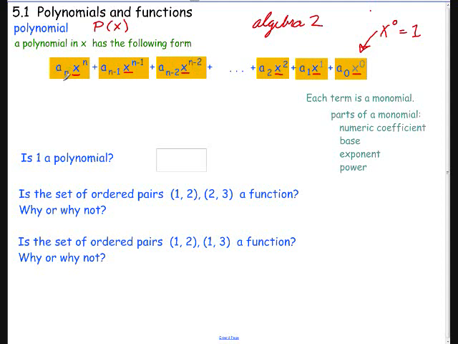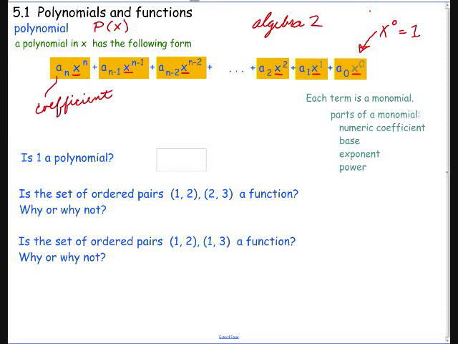What in the world is the a? The a is the coefficient. Notice they all have a. How do we distinguish one coefficient from another?